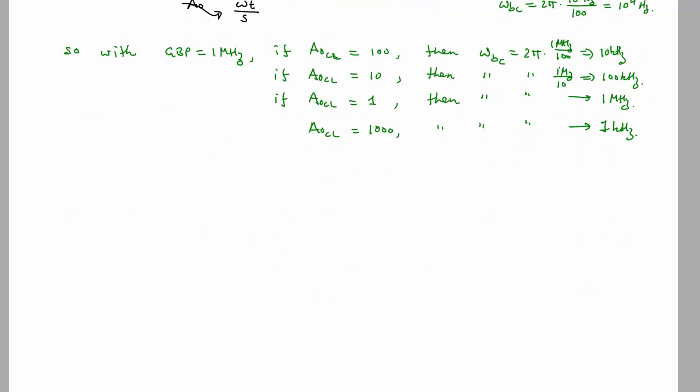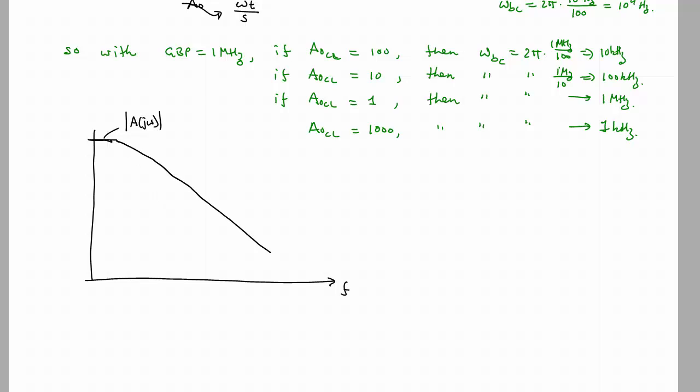And we can show what's going on graphically here. I'm going to draw a frequency magnitude plot first, showing A, the open loop gain, A of j omega, with a -1 slope and a break frequency at f sub b.